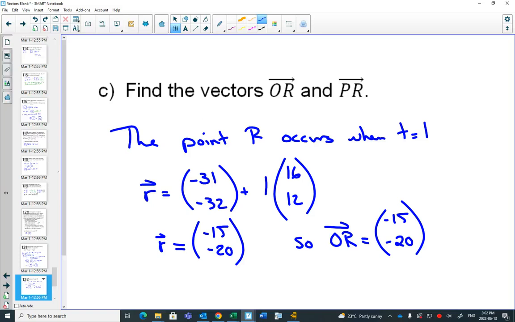What is P to R? Well, if you want to figure out P to R, we already know the position vector for O. If you wanted to use your vectors, to go from P to R, I could go from P to O and then O to R. That would be a visual direction of this.